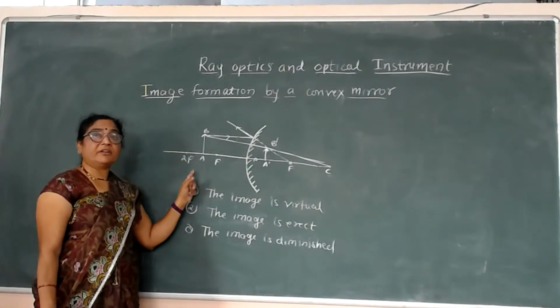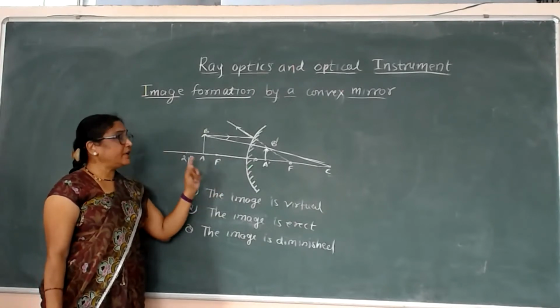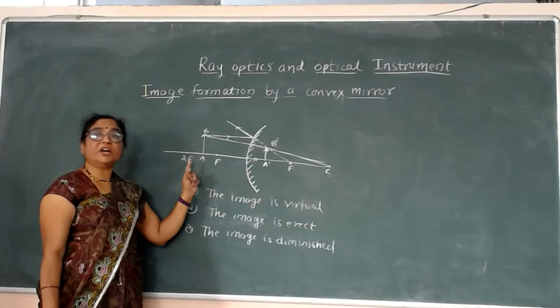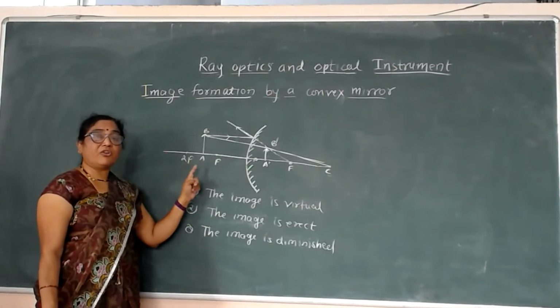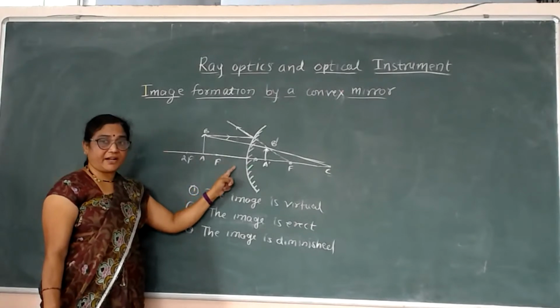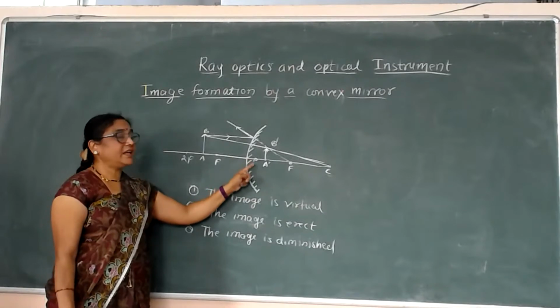The concave mirror gives both the real image as well as the virtual image, but the convex mirror always gives the virtual image.